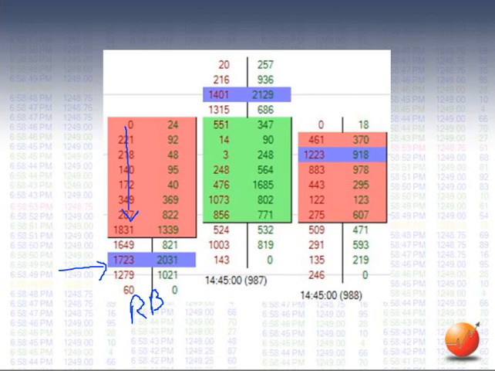Shouldn't be difficult to get through any of that, right? If we can get an entry off right in front of this, shouldn't have had any problem getting filled there. Buyers drive the market up, maybe a little bit of trouble here, and then drive it all the way up through the top. Wow. Well, now we see responsive selling.